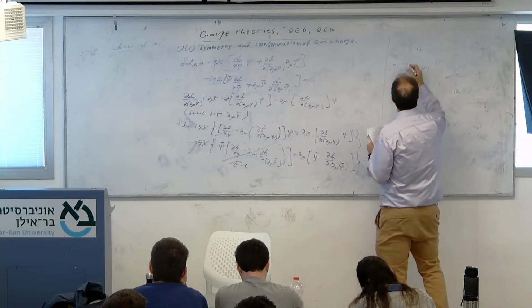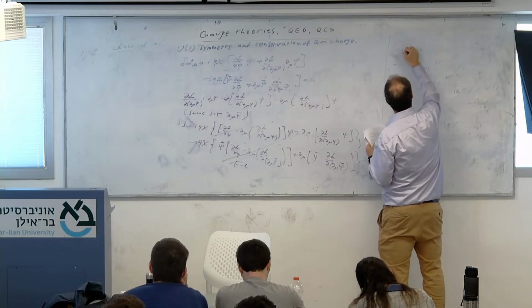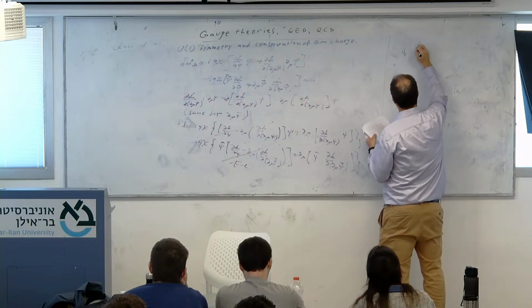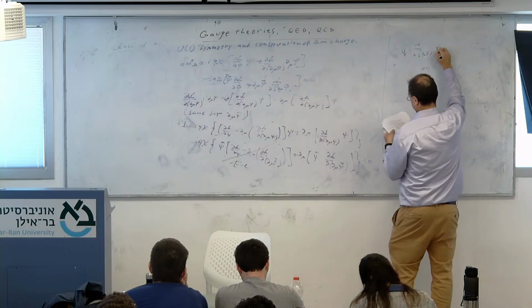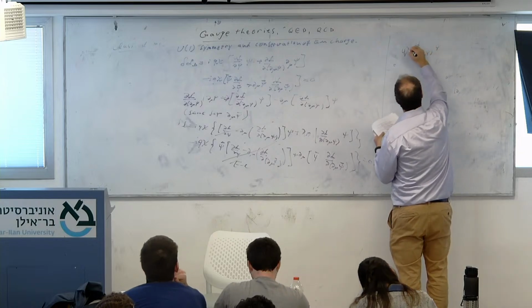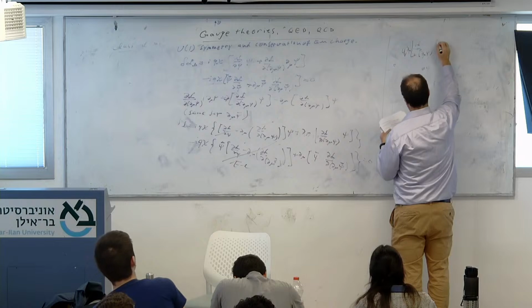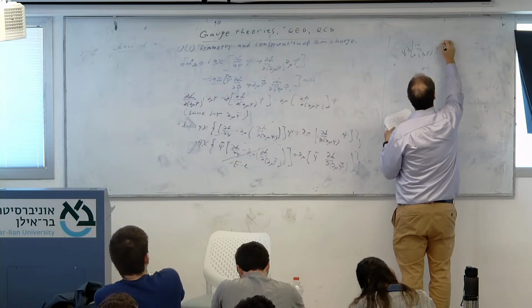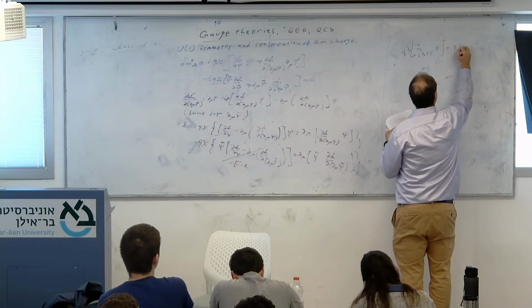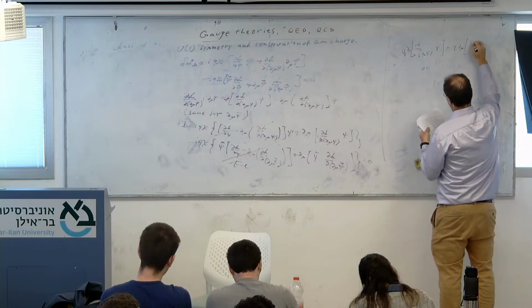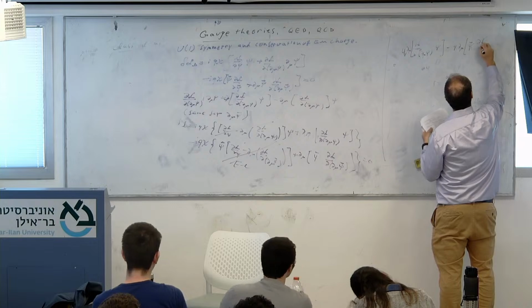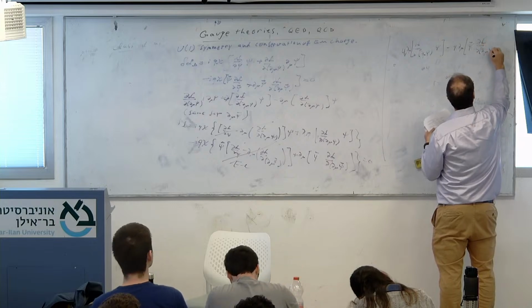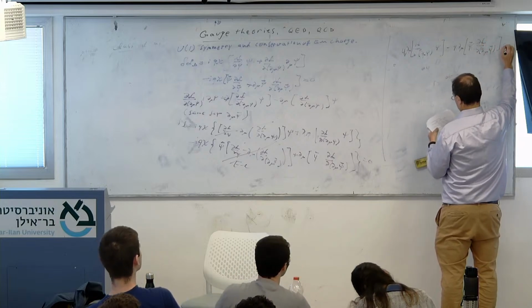So I have the Q dL over d mu psi, d mu of that, minus Q d mu psi bar dL over d mu psi bar is equal to 0.